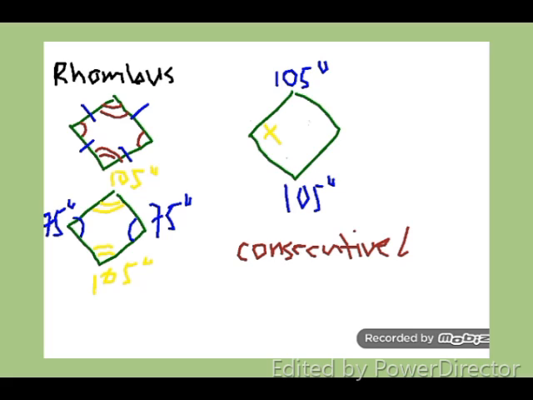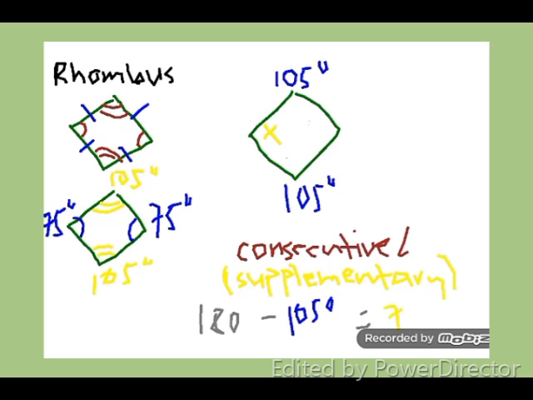And remember, the consecutive angles of rhombus are supplementary, which is the sum of the two angles is equal to 180. To get the missing angle, you just have to subtract 180 minus 105 is equal to 75. So, yung missing na value ng angle na X is 75.